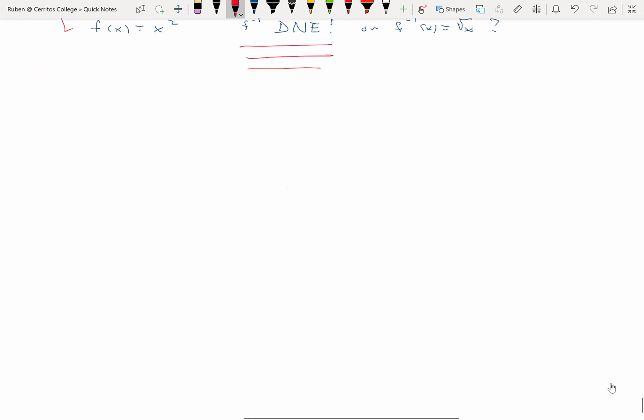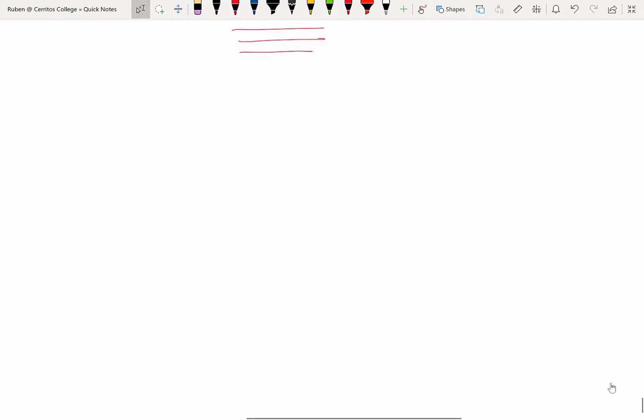So let's take a detailed look at the squaring function and see how we can get around the problem that it doesn't have an inverse, although we do need some sort of inverse for the operation of squaring. So let's look at the function, which for us will be the squaring function, and on this side of the screen, we'll look at the inverse.